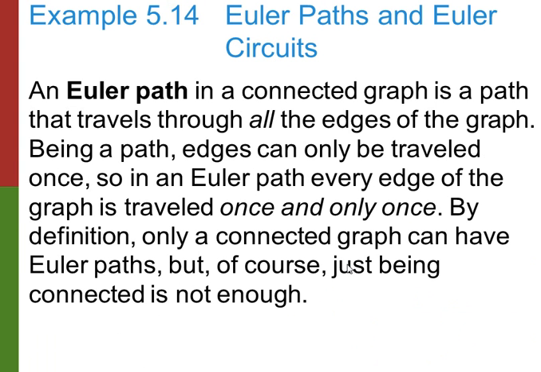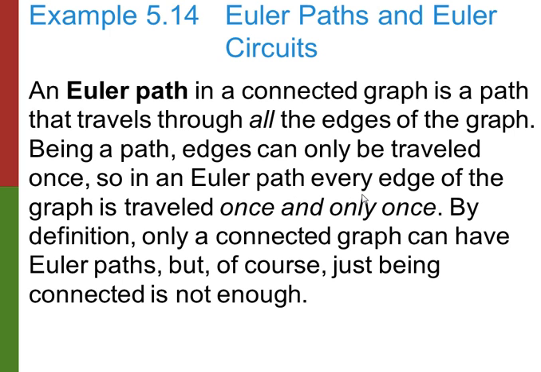Okay, now we have Euler paths. A path just goes someplace. An Euler path, in a connected graph, is a path that travels through all the edges of the graph. Being a path, each edge can only be traveled once.